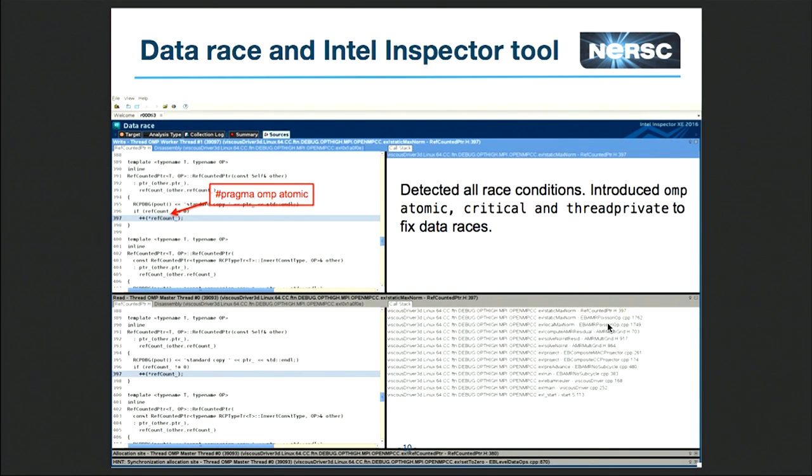To fix race conditions we mostly used the Intel Inspector tool, and finally we found all race conditions. This is a difficult task because they're not deterministic, and it took us a long time. And this is just one example of how we fix a race condition, putting in OpenMP pragmas like atomic and critical, firstprivate, reference counted pointers increment here.